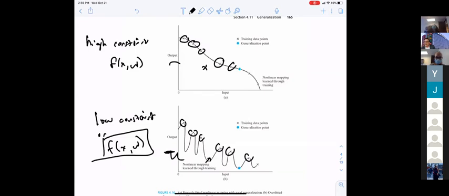If my network represents non-smooth functions, it will be able to approximate, but its interpolation won't be very good. Its prediction won't be very good because it can approximate things that aren't possible in reality. So I want the set of functions to be limited to the class of functions that I know are possible. That's one reason you might limit it. Another reason might be because you want it to have some behavior.